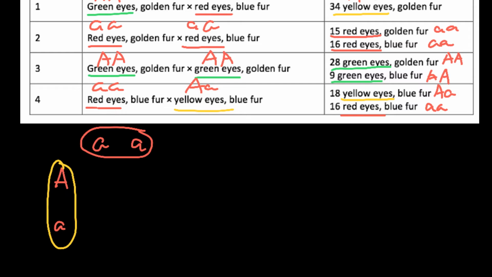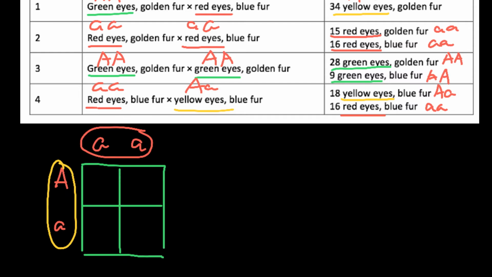Now let's build a simple Punnett square and see what the distribution of traits would be in the next generation. So capital A, small a here, capital A, small a here, small a, small a, small a, small a.